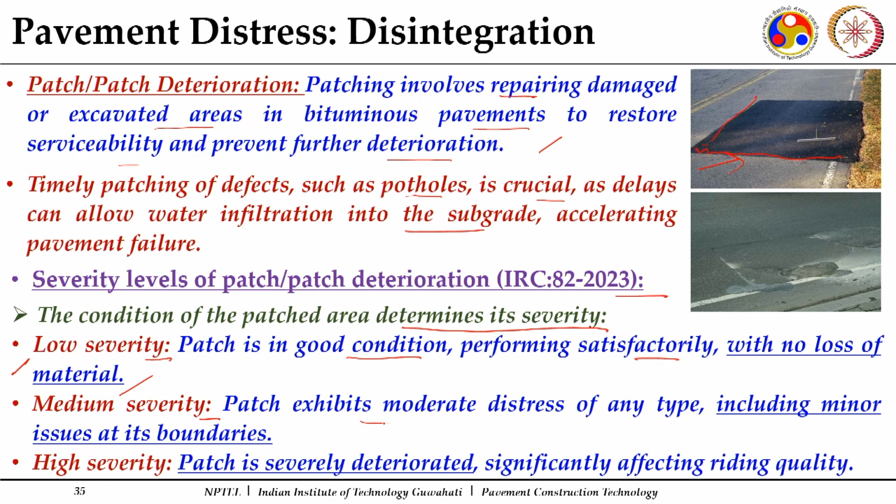The patch exhibits moderate distress of any type, including some cracks, and it happens along the boundaries. And when it gets deteriorated in a significant manner which affects your riding quality, then this is high severity patch deterioration.